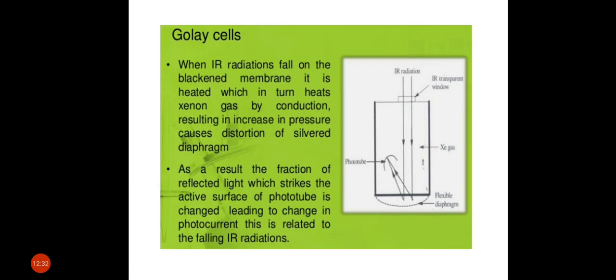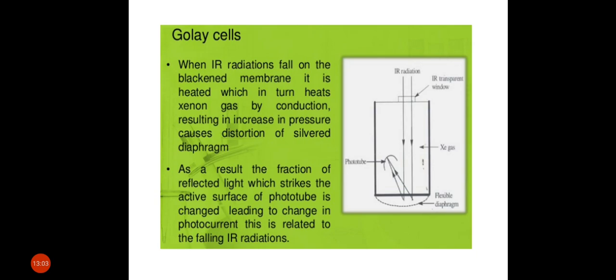When IR radiation falls on the blackened membrane, it is heated, which in turn heats the xenon gas by conduction, resulting in an increase in pressure that causes distortion of the silvered diaphragm.